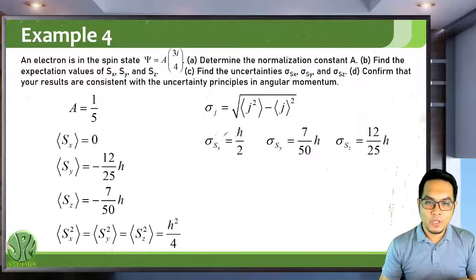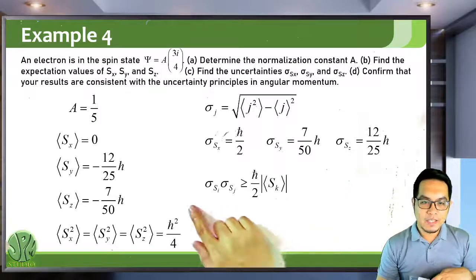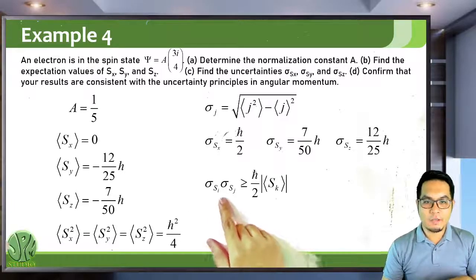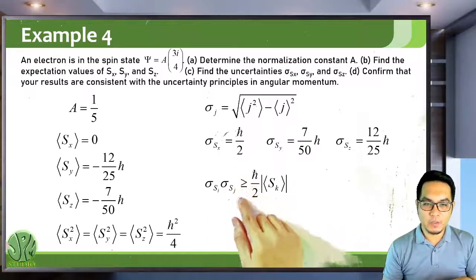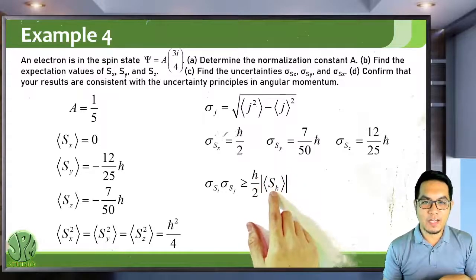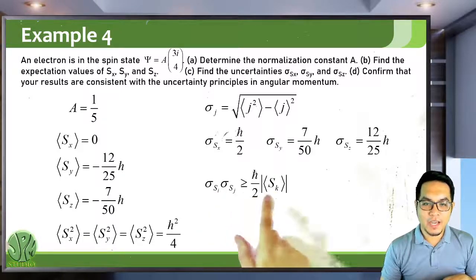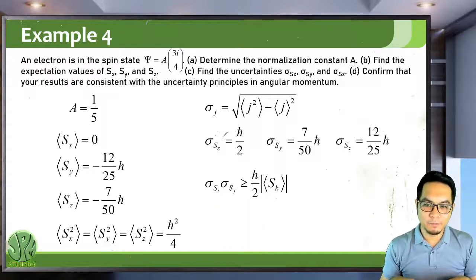Now, you need to confirm that sigma Si times sigma Sj will be greater than or equal to h bar over 2 times the absolute value of the expectation value of Sk. This is cyclic, so i, j, and k here can be x, y, and z.